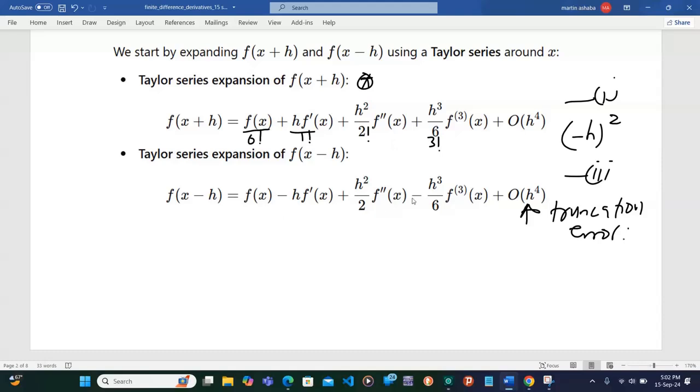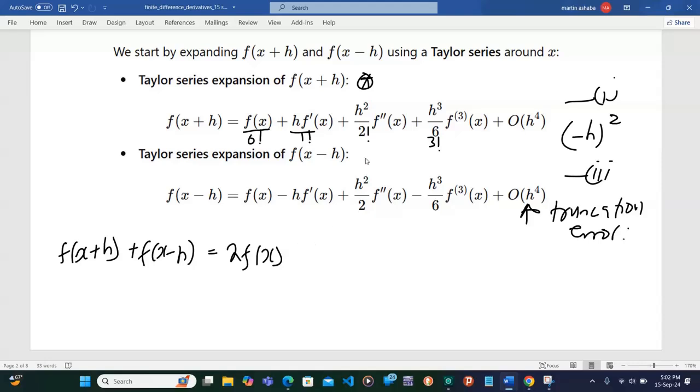Now, if I add this plus that, obviously I'll have f of x plus h plus f of x minus h, equal to 2f of x. Then this and that will go because they are the same but opposite because of the negative sign.